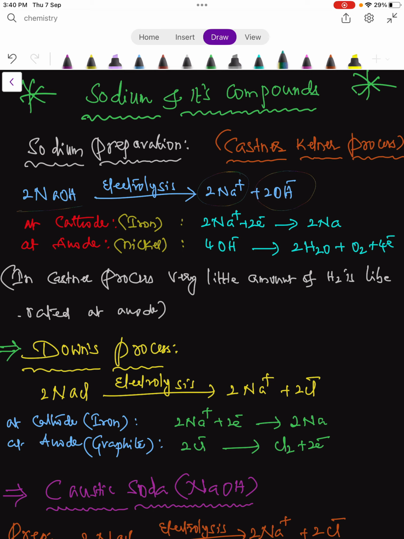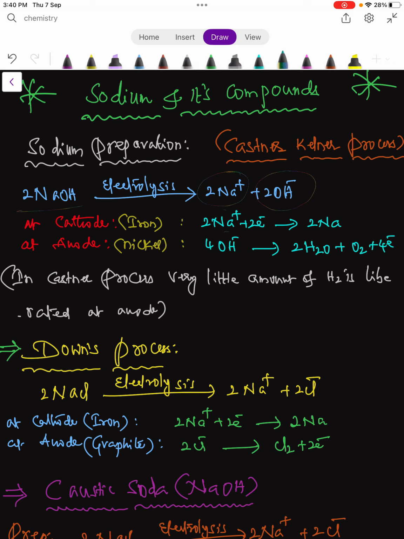In the Kastner-Kellner process, iron is used as cathode and nickel is used as anode. At the cathode reduction takes place, so Na plus is converted to Na.